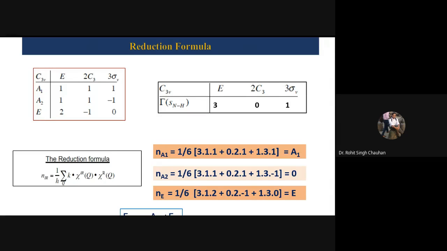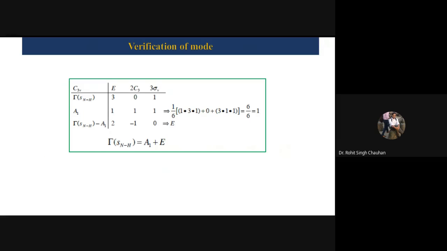Now let us verify whether our answer is right or wrong. So what we will do? Now, this information you got from the reduction, right? You know the A1 value, and you got that tau NH is equal to A1 plus E. So if this contains A1 plus E, then if you subtract the A1, the information that remains should belong to E. So what we'll do, 3 0 1, right?